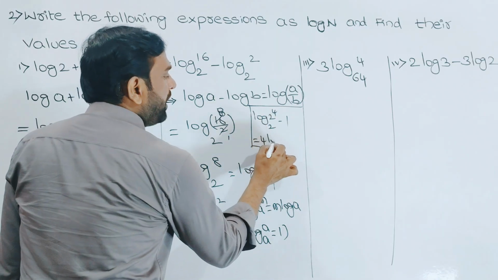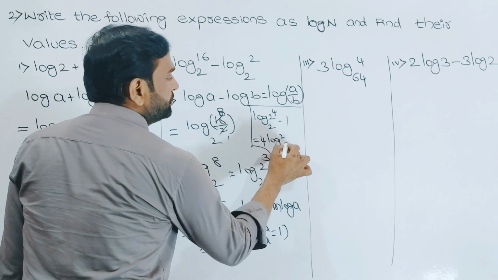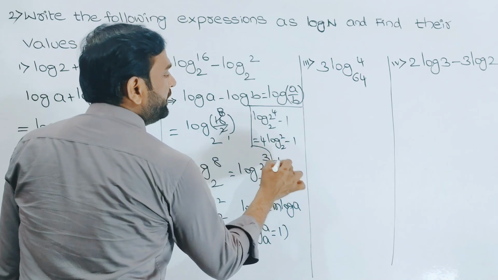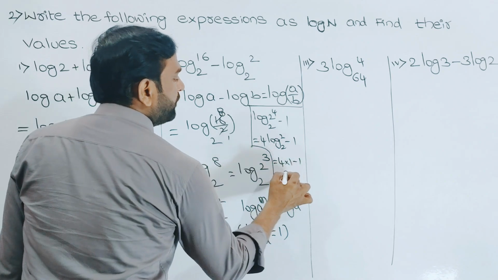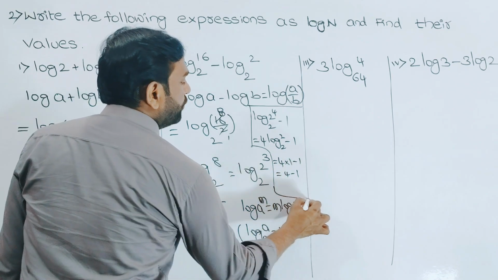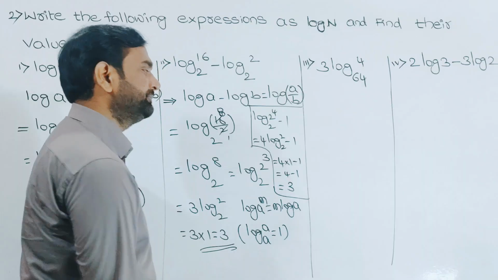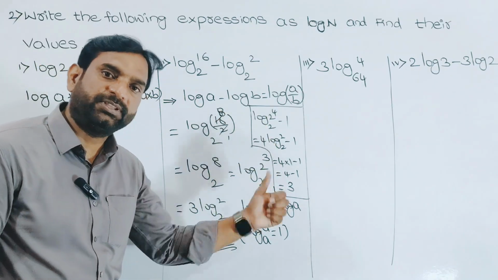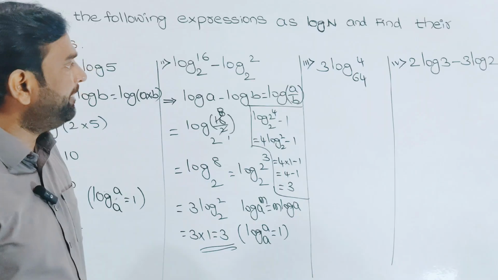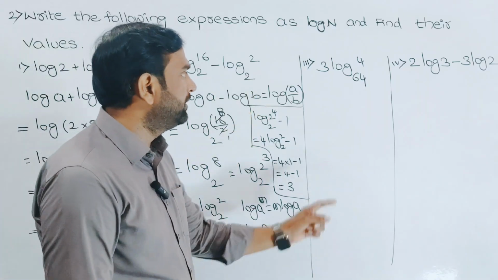So 4 log 2 base 2 minus 1. 4 into log 2 base 2 value 1, minus 1. 4 ones are 4, minus 1. 4 minus 1 is nothing but 3. We can do it in this method also. Okay, next, another one.